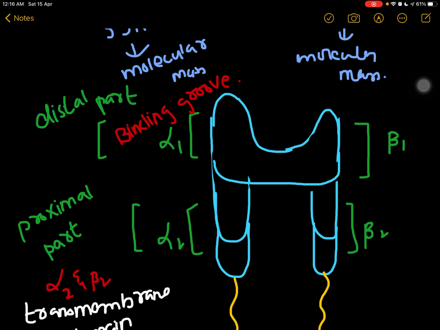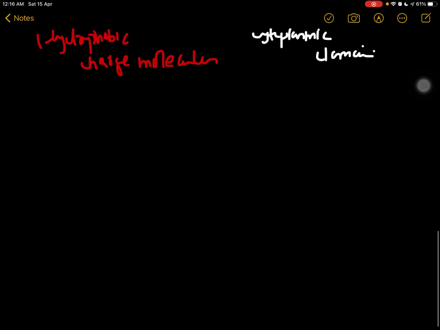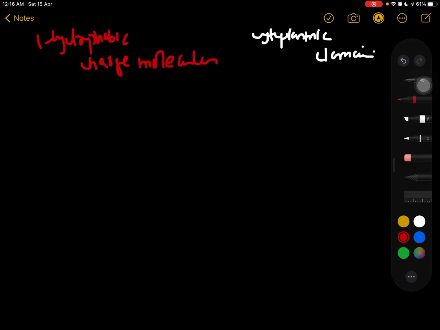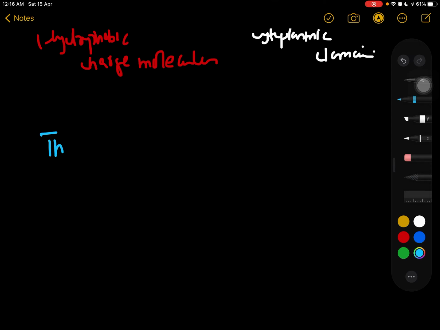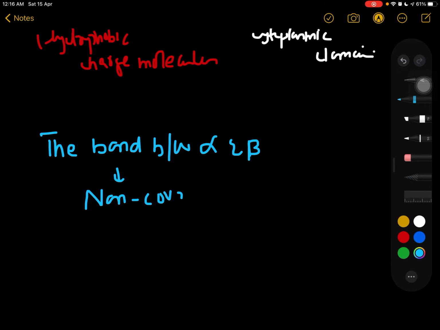Okay, so the bond between the alpha and the beta chain is basically a non-covalent bond, basically a weak bond, right?